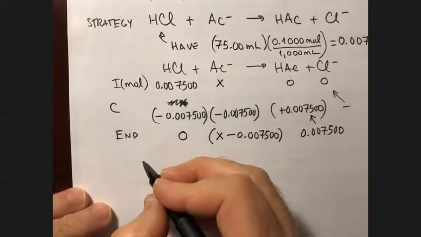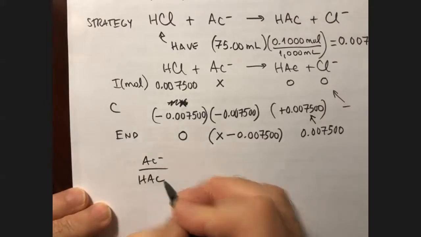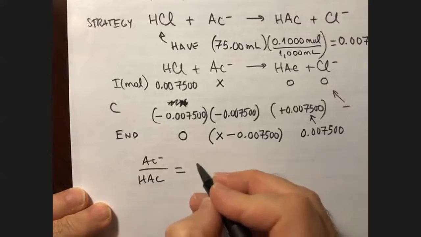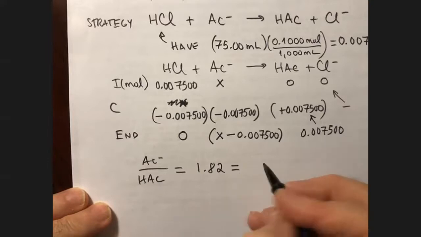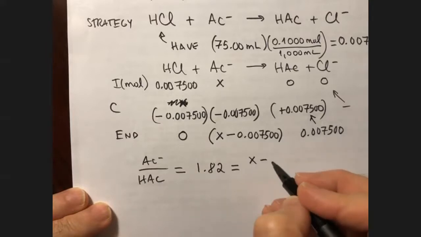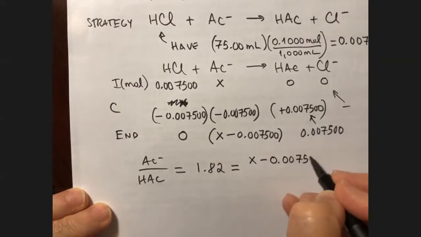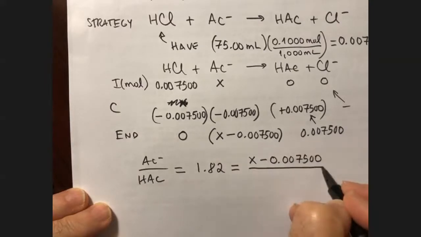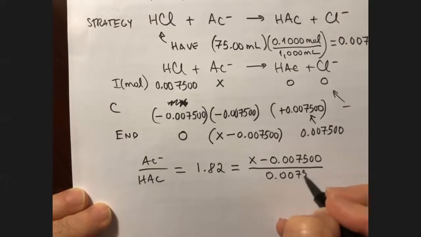So the ratio that we want of acetate to acetic acid is 1.82. So that would be X minus 0.00750 divided by 0.00750.